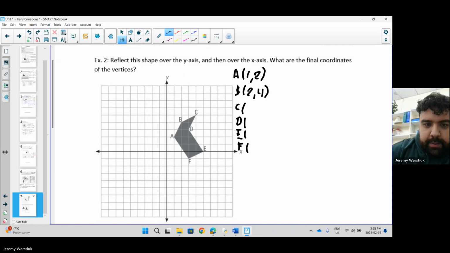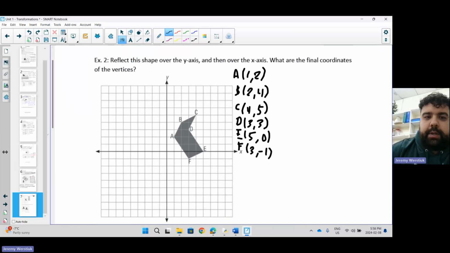C is 4, 5. D is 3, 3. E, 5, 0. And F, 3, -1.